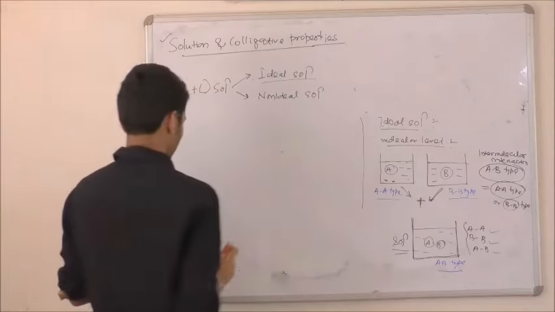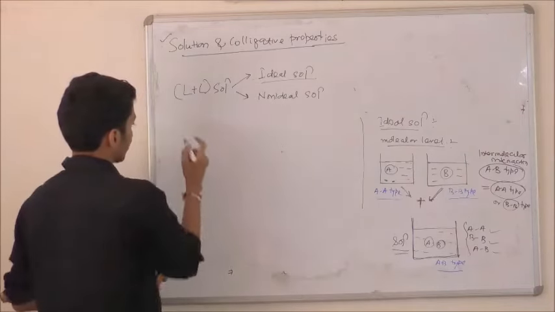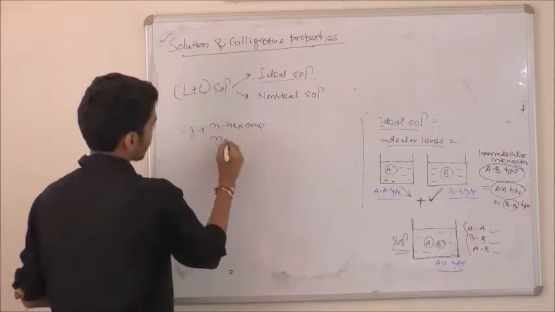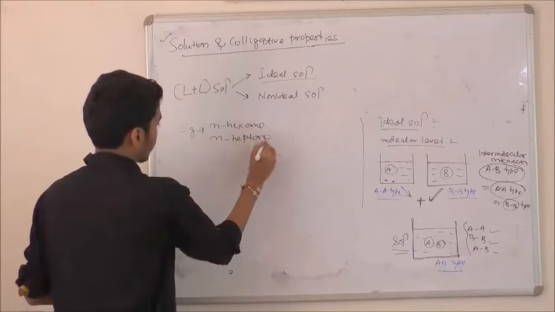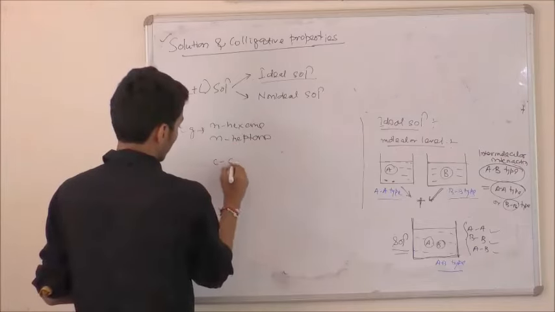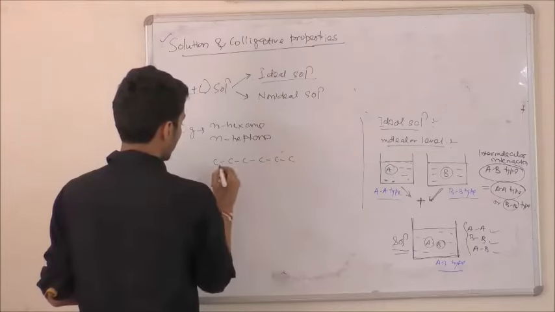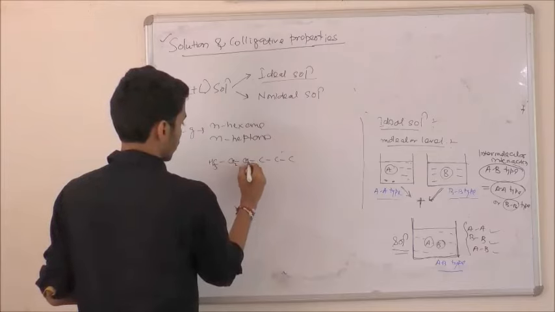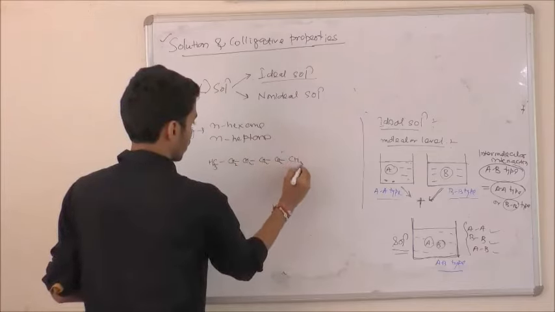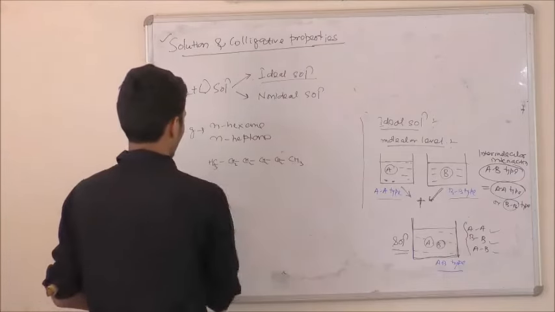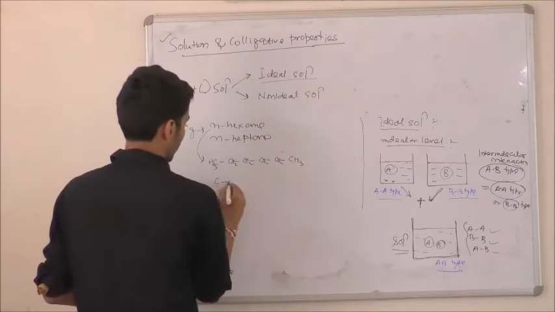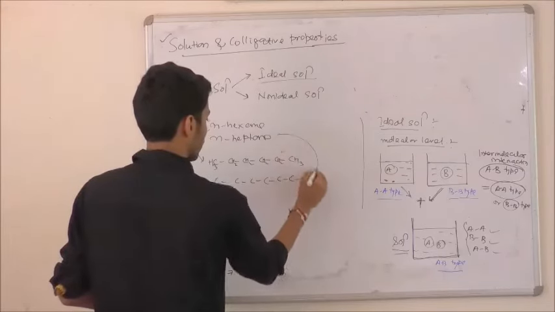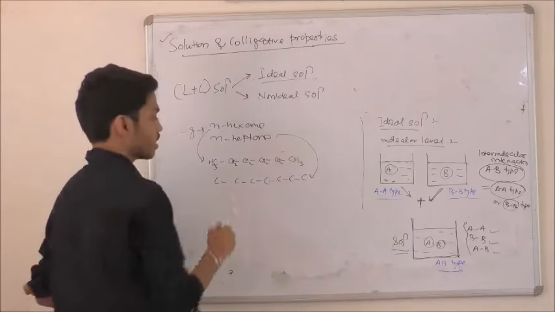Let us take an example. The example is n-hexane plus n-heptane. What is n-hexane? This is n-hexane. You can fill in the hydrogens: one, two, three, four, five, six. So this is n-hexane, and similarly this is n-heptane.